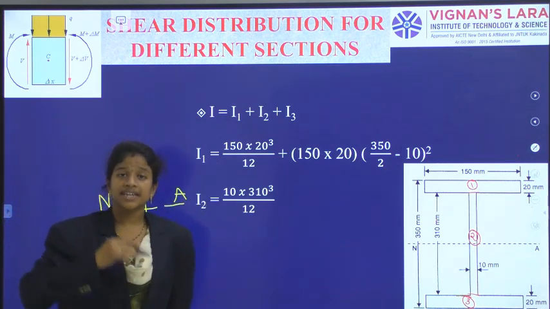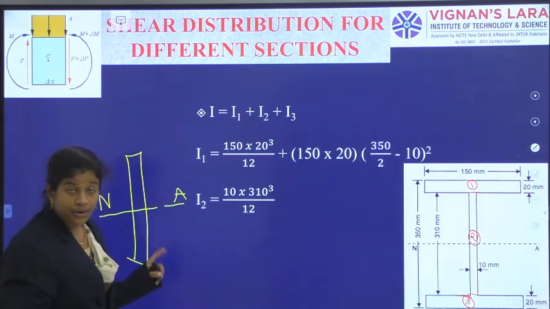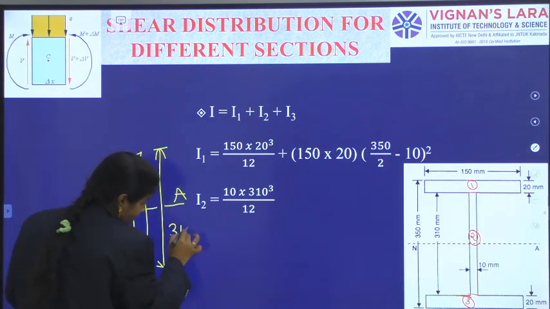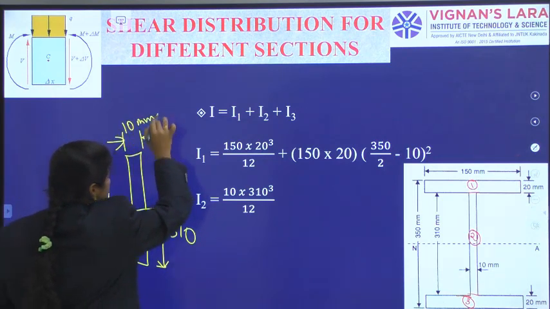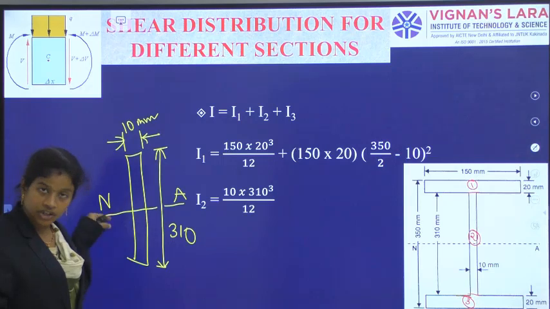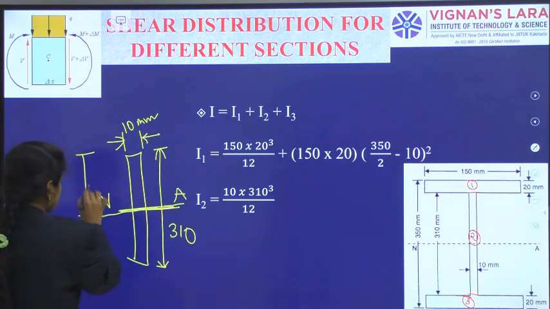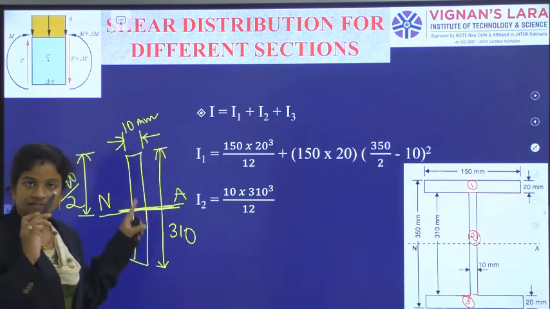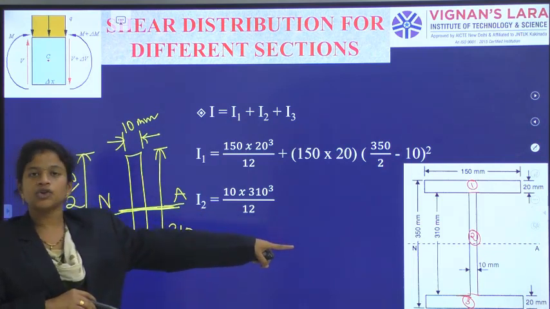As we already said, overall 350, at the center the neutral axis will pass. Now this web portion has a height of 310 and a web thickness of 10 mm, right? For this web portion also, the neutral axis is passing at half the depth, which is 310 by 2, its original centroidal axis. So the web has its centroid somewhere, and through the same centroid this neutral axis is passing.